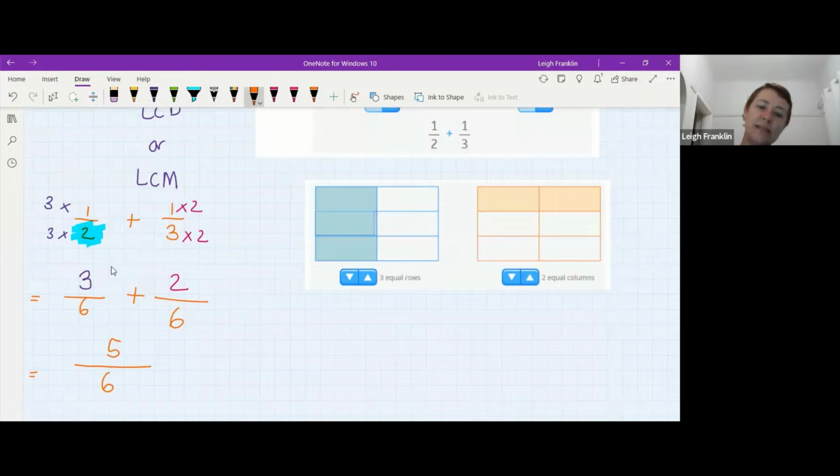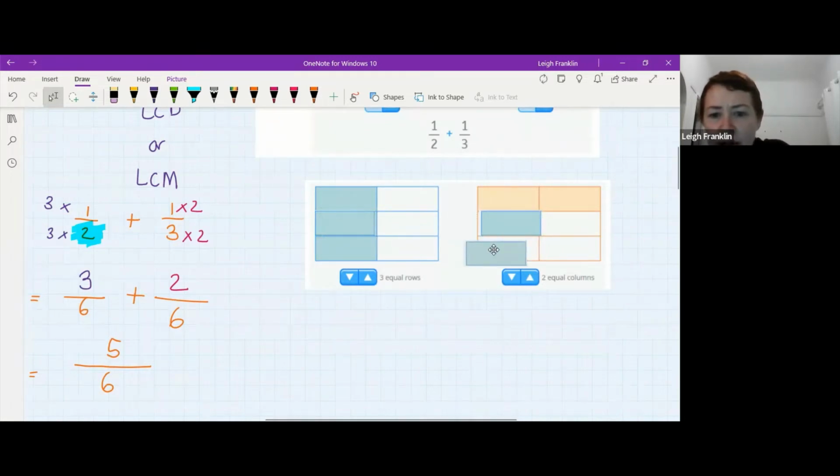Now I can understand, when I add a third and a half together, how many parts of a whole I've got. Essentially, I've taken that block and put it over here, and I've taken another block from there and put it over here, and I've taken the last block and put it over there.